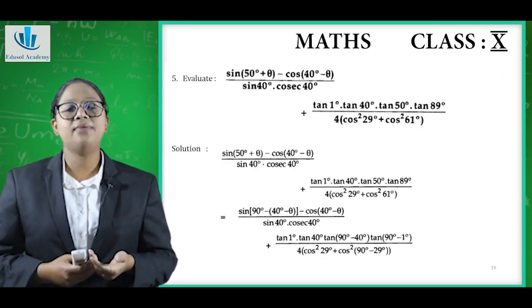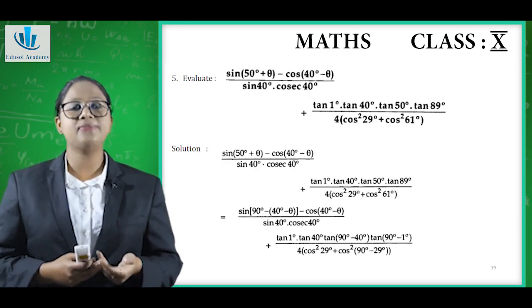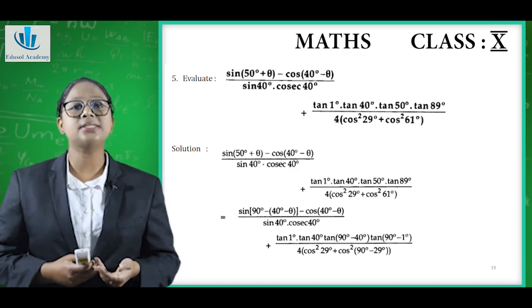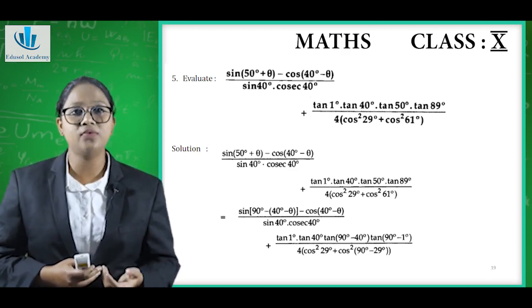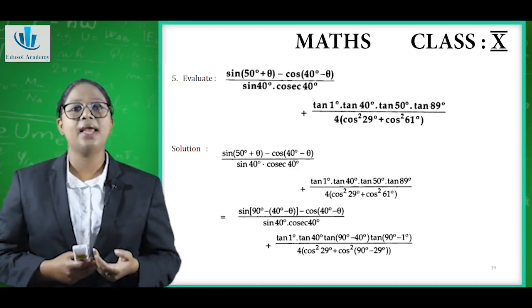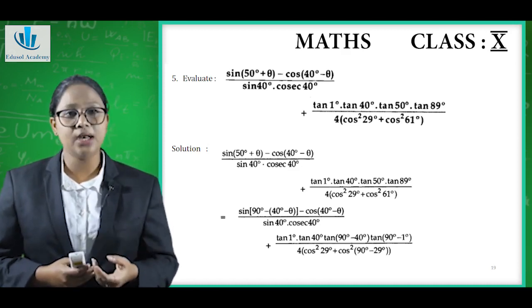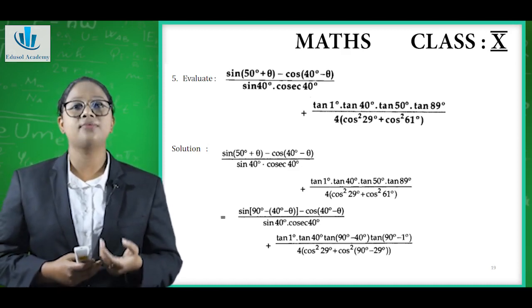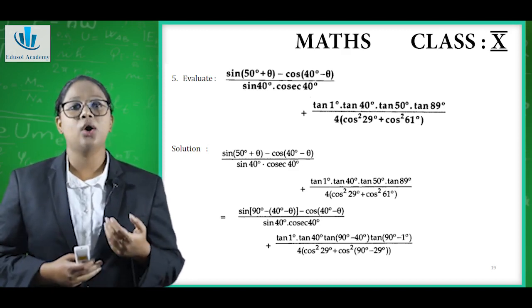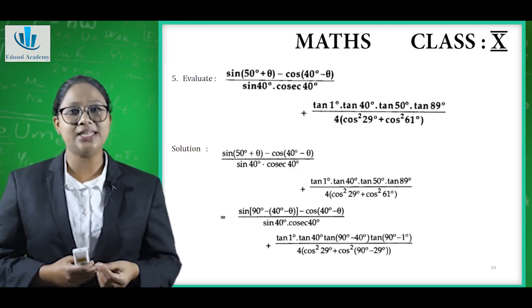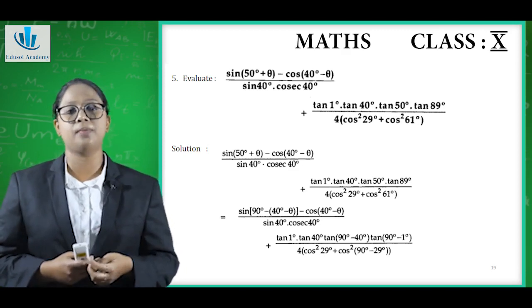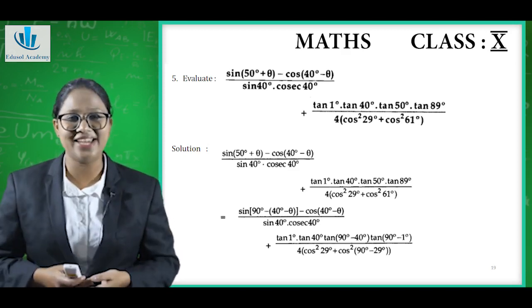Moving on, evaluate sine 50 plus theta minus cos 40 minus theta, whole divided by sine 40 into cosec 40, plus tan 1, tan 40, tan 50, tan 89, whole divided by 4 into cos square 29 plus cos square 61. A long question, right?